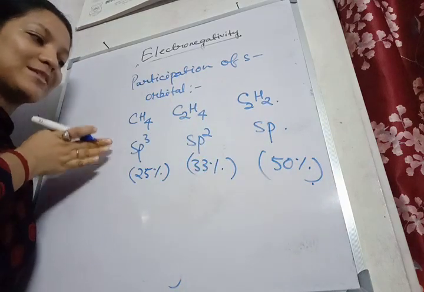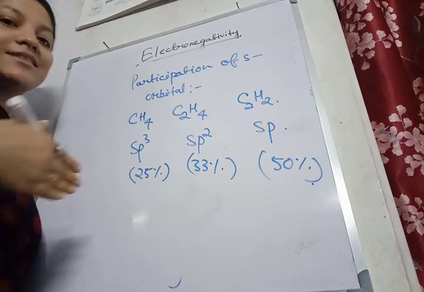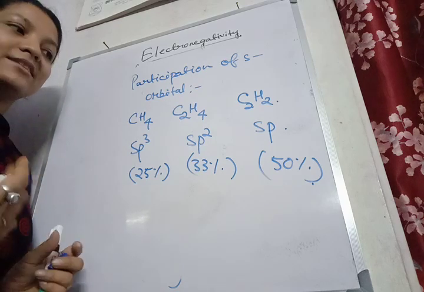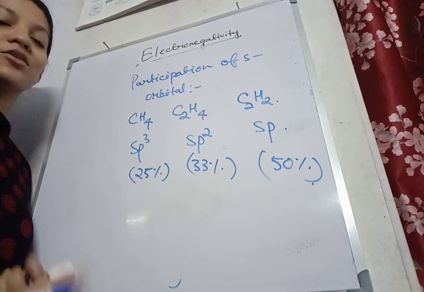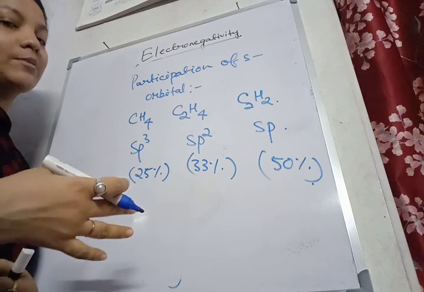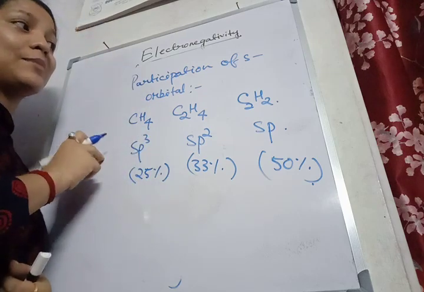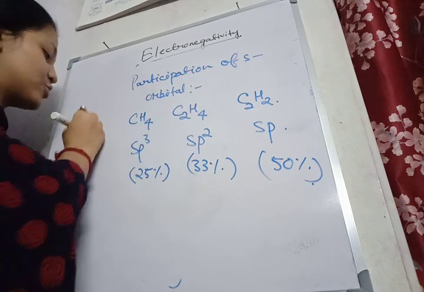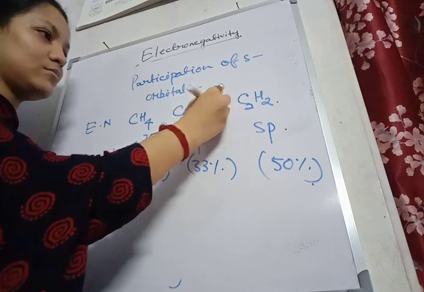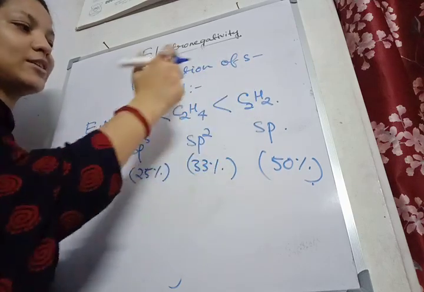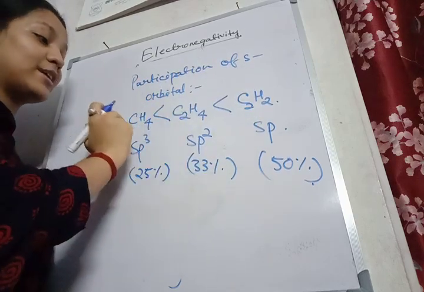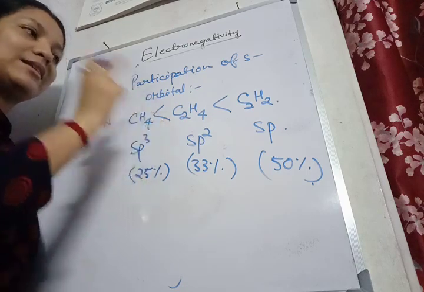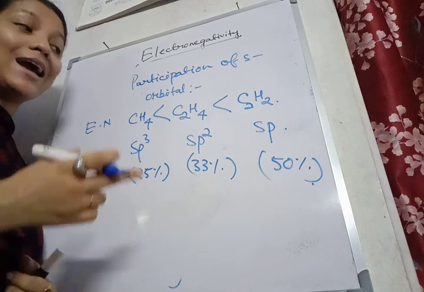So we see from sp3 to sp the percentage of s character increases. If the percentage of s character increases, your s orbital contribution is increasing, so my electronegativity will be increasing. That means s character is directly proportional to the electronegativity of the molecule. So the electronegativity order will be C2H2 greater than C2H4 greater than CH4. This is also the order of the acidity of the compound.